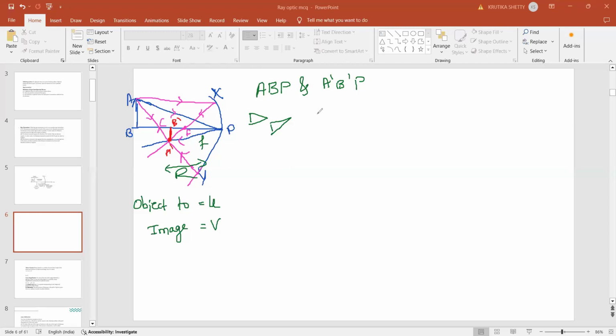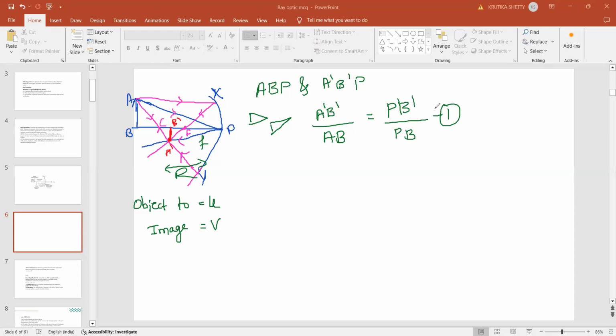According to the similar triangles properties, we can write A dash B dash divided by AB is equal to P B dash divided by PB. This is my equation 1.